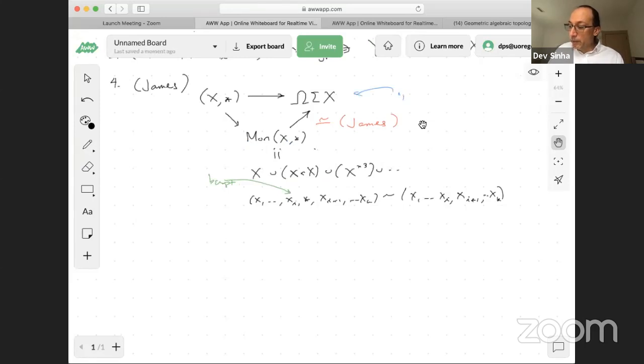It would be hard to, for example, put a cell structure on, whereas this is filtered by finite complexes.